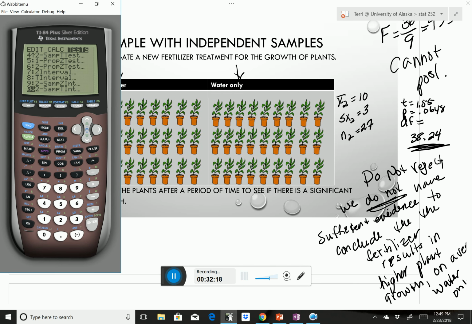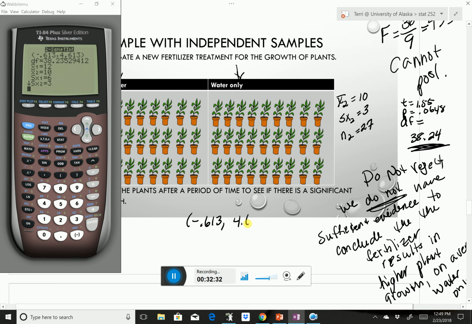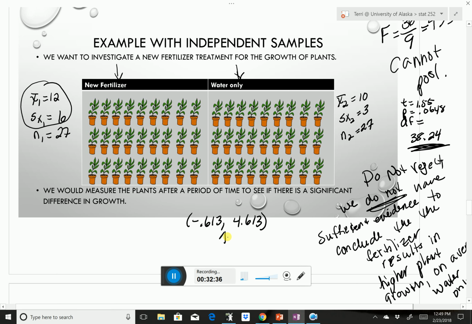Okay. 2-SampTInt with all the same information. Not pooled this time. What do we get? Negative 0.613 to 4.613. Now, notice that this interval contains 0. So the difference between mu1 and mu2 could be in the middle.